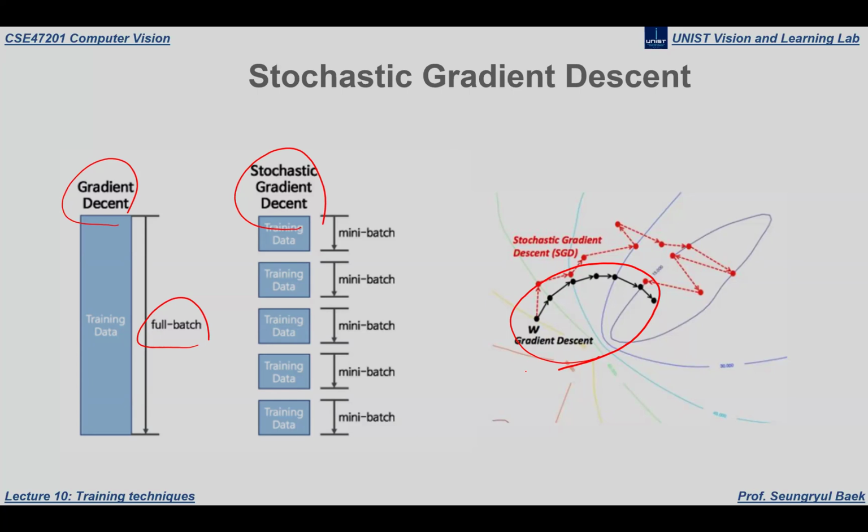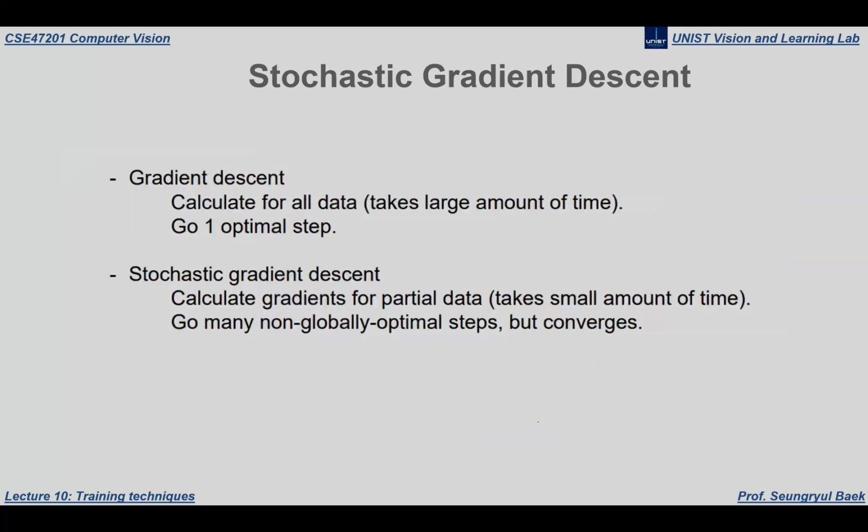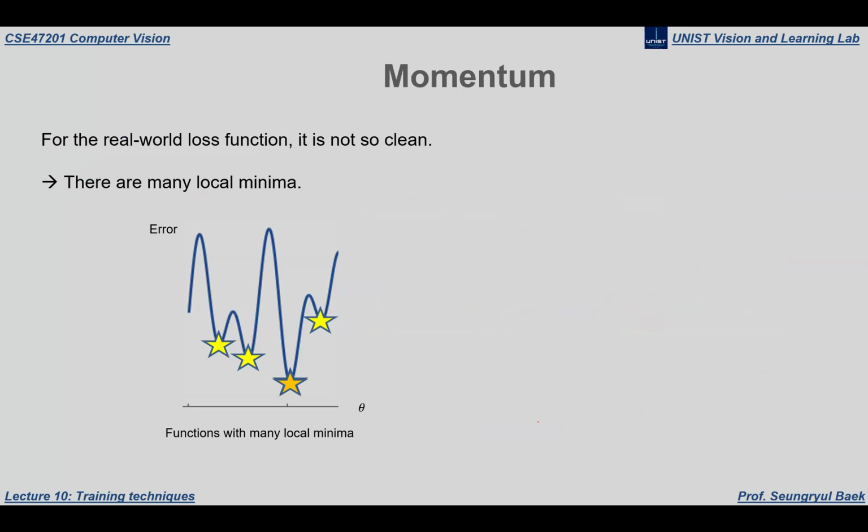So stochastic gradient descent, even though it goes random steps and may seem non-optimal in some cases with respect to the training data, in practice, thanks to the randomness, it can produce better results than GD multiple times. We already learned about that.